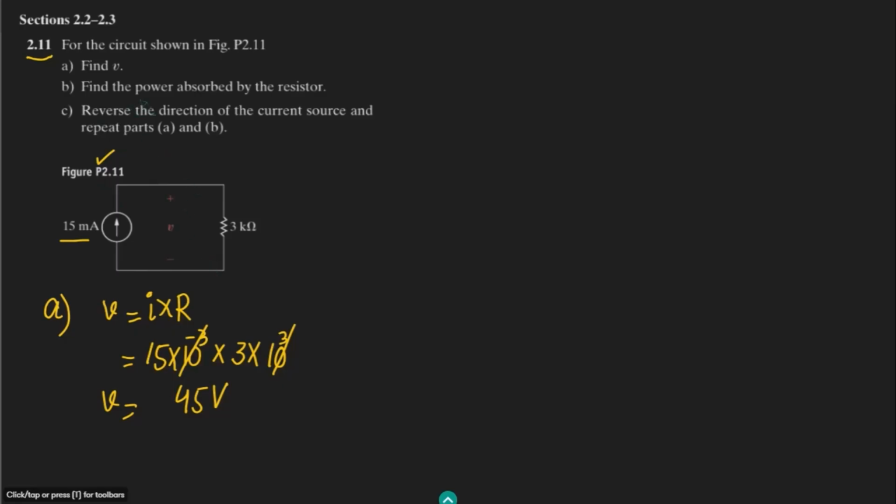After it, we have to find the power absorbed by the resistors. This is part B. In order to find the power absorbed by the resistor, we have to use the formula P is equal to I square into R, or there is another formula as well, and that is V square divided by R. Similarly, for the sources, as we have done in our previous questions, the power is always I multiplied by V, which is the current through that source and the voltage provided by that source.